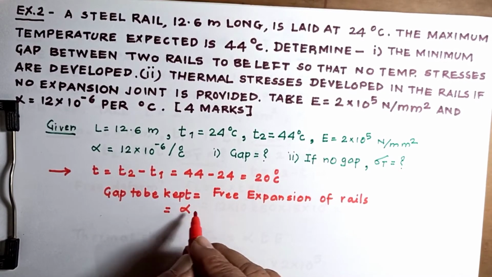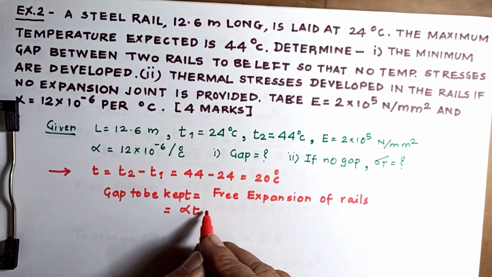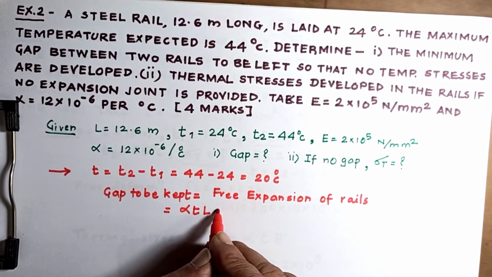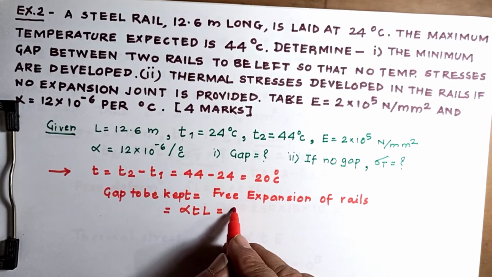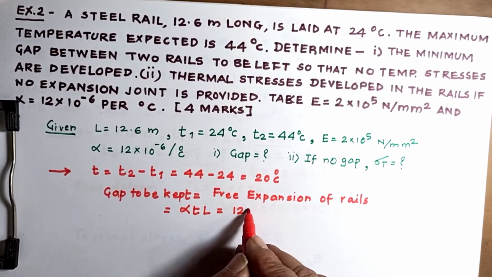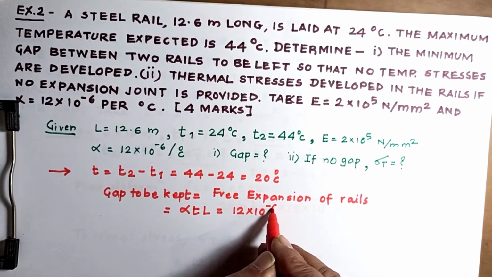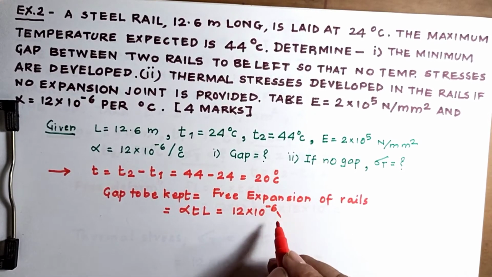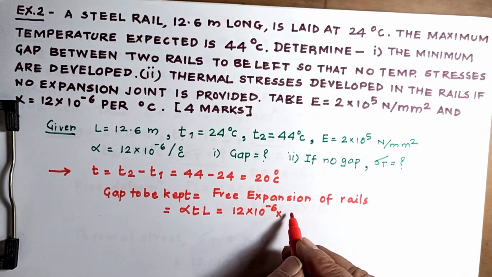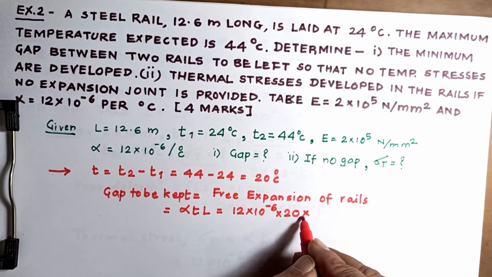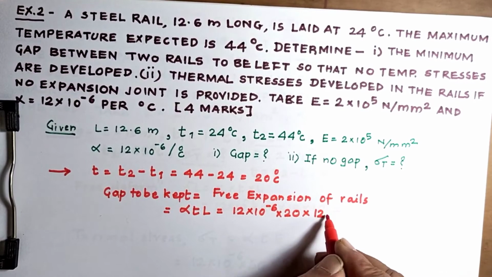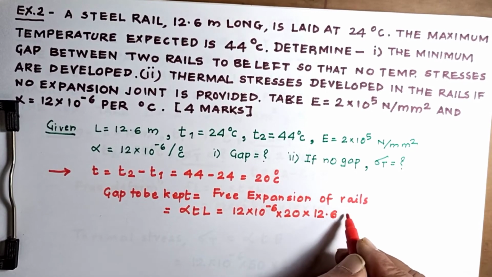Free expansion is alpha into T into L. Put the values. Alpha means 12 into 10 raised to minus 6 into T is 20 into L is 12.6 meters.